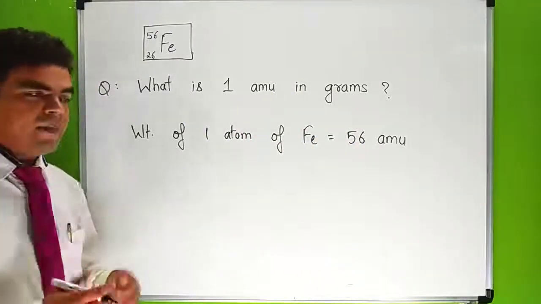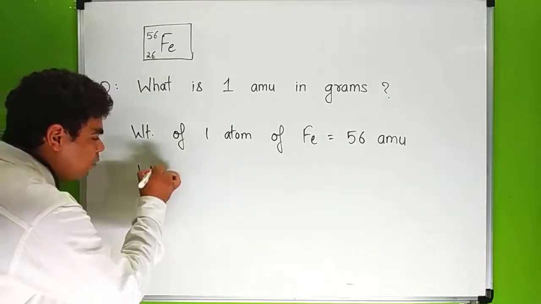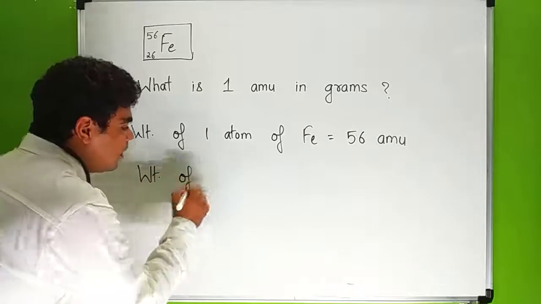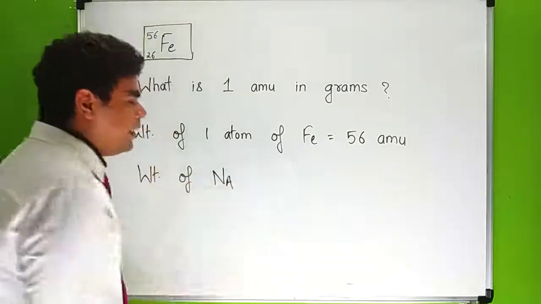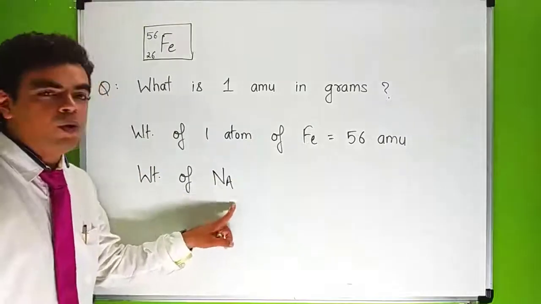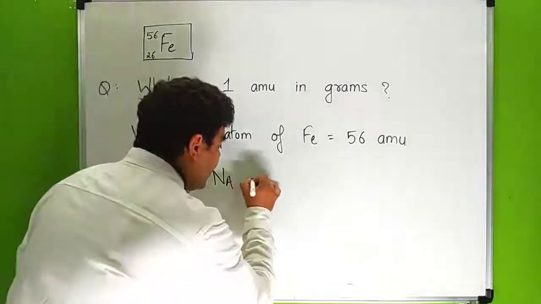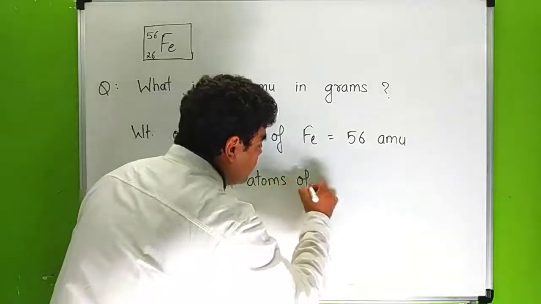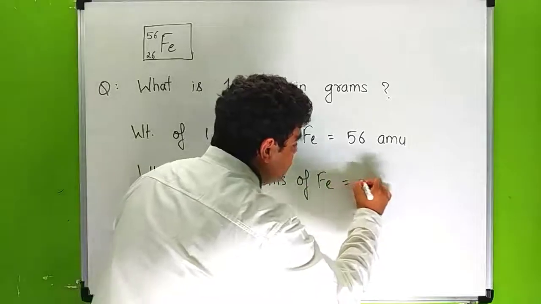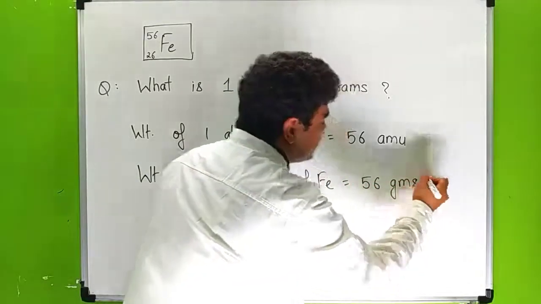The second statement can also be written in the following fashion, that weight of Na atoms of iron, where Na is 6.022 into 10 to the power 23, is 56 grams. These are our two statements.